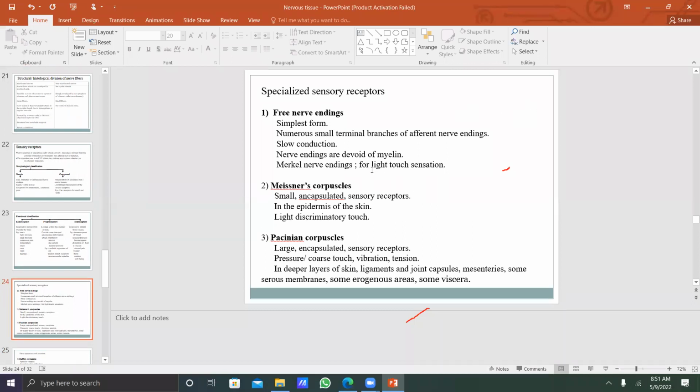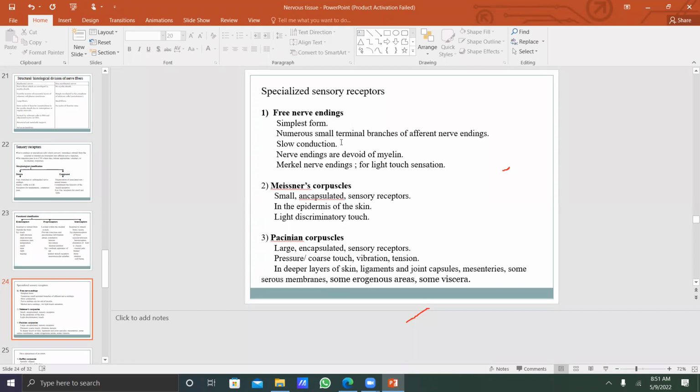So, there are some specialized sensory receptors we can talk about individually. One of them is the free nerve endings. They are the simplest form of sensory receptors.